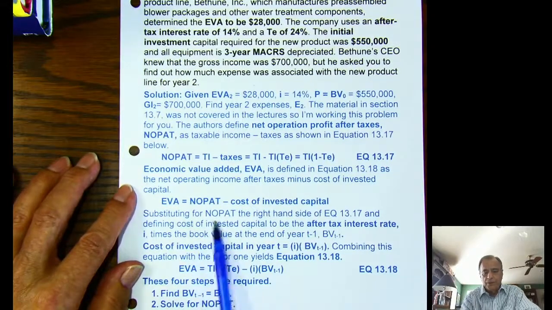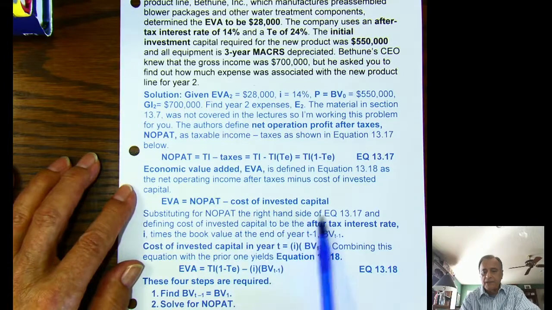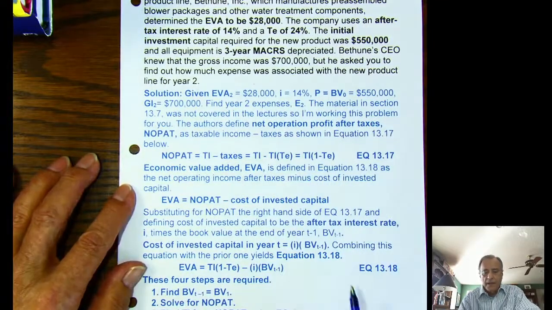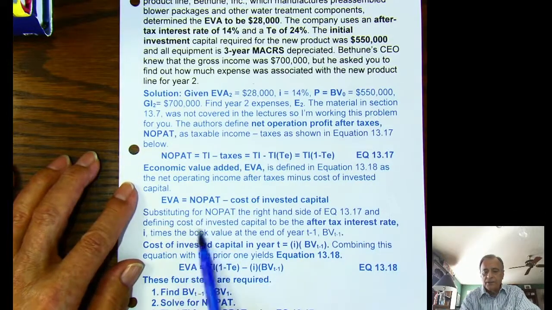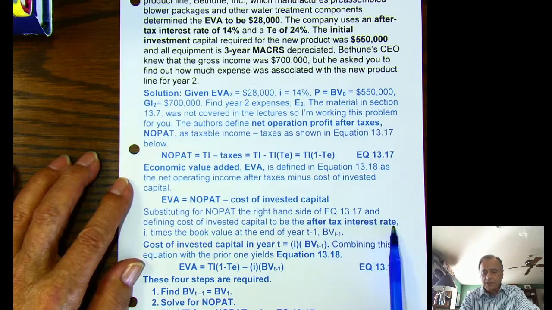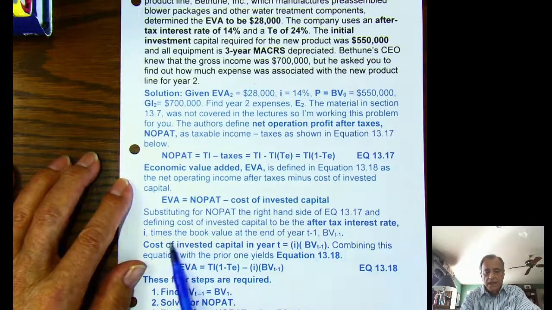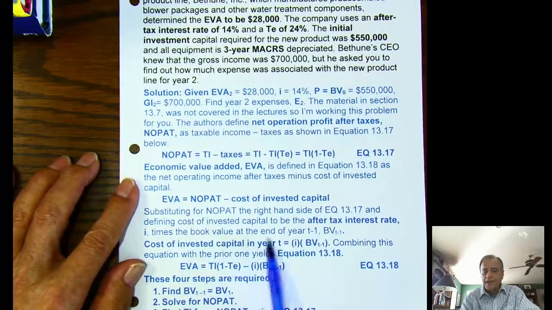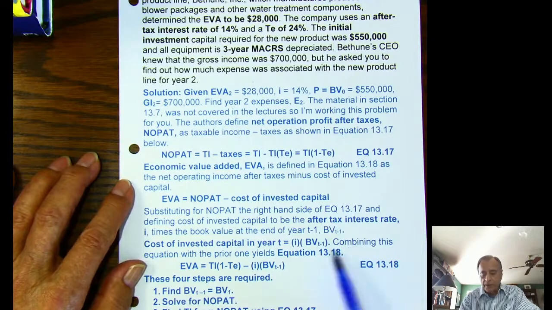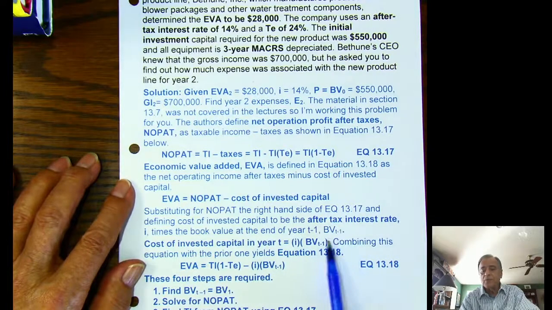Substituting for NOPAT the right-hand side of equation 13.17, and defining the cost of invested capital to be the after-tax interest rate times the book value at the end of year T minus 1. So if we're looking at year T, which in this case T is 2, remember, then this would be the book value at time 1.